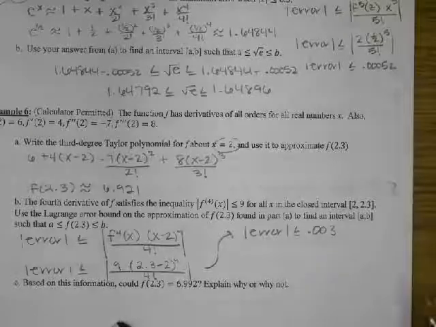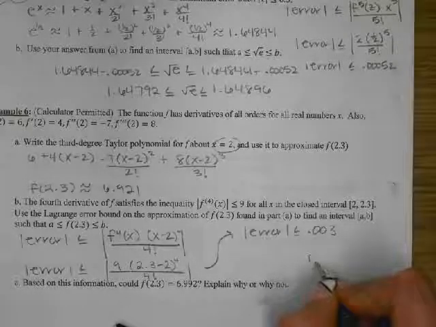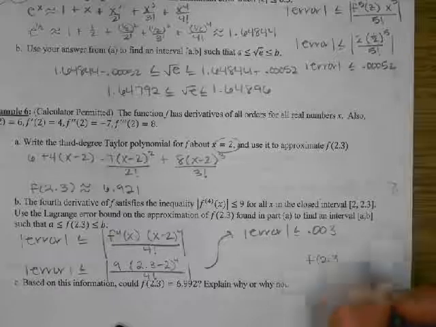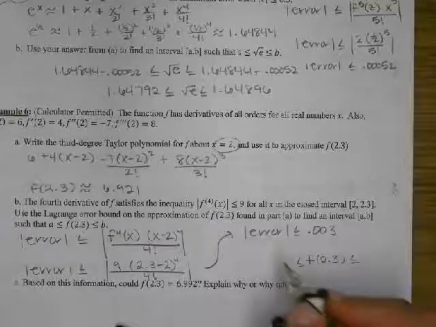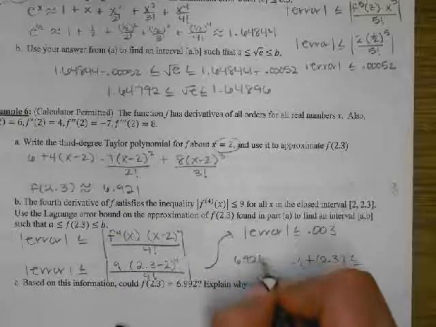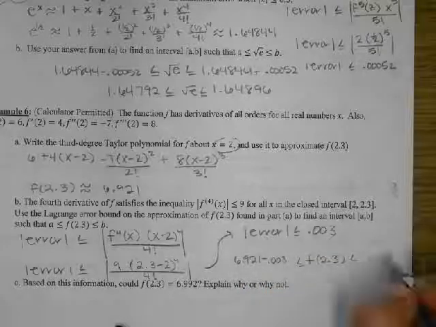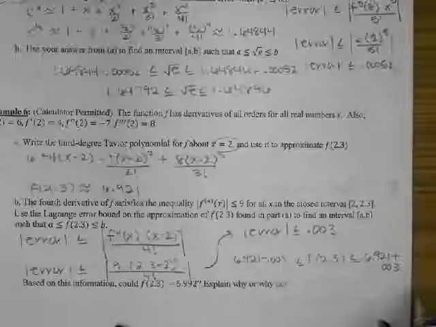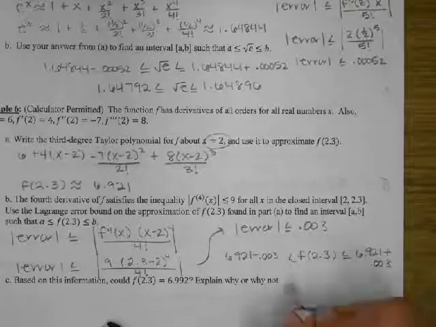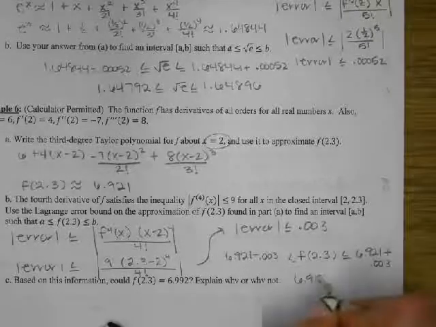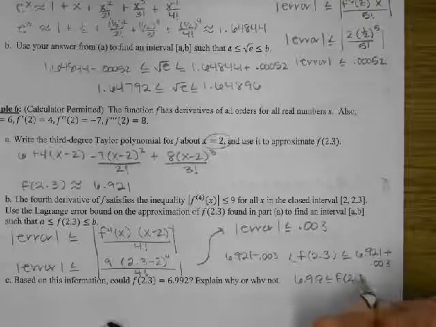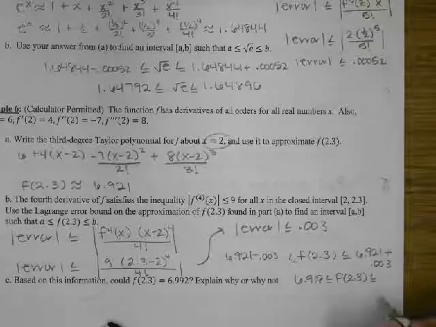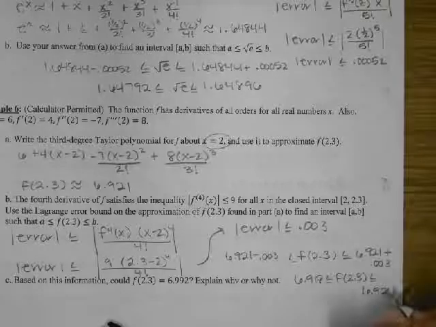All right, so my interval, the actual curve evaluated here, would have been somewhere between 6.921 minus 0.003, 6.921 plus 0.003, somewhere in between those. So it's somewhere in between 6.918 and 6.924.